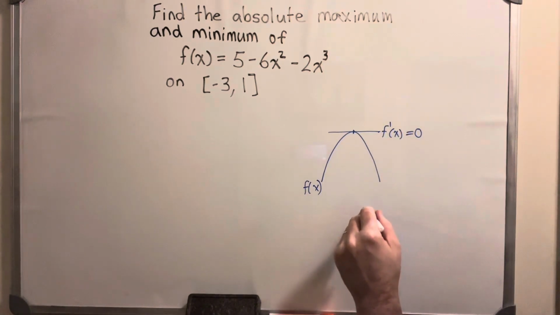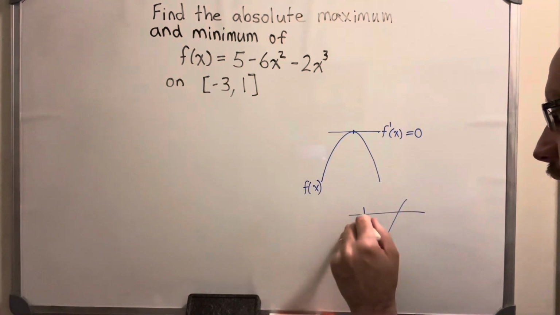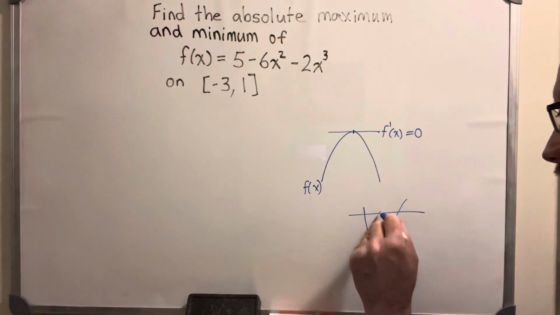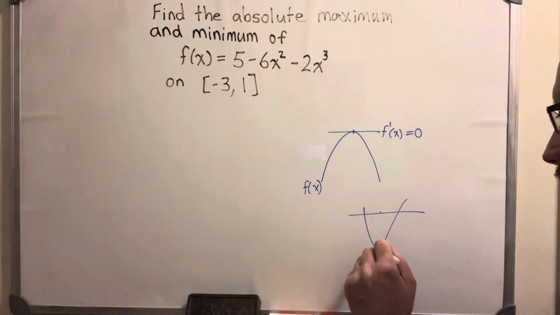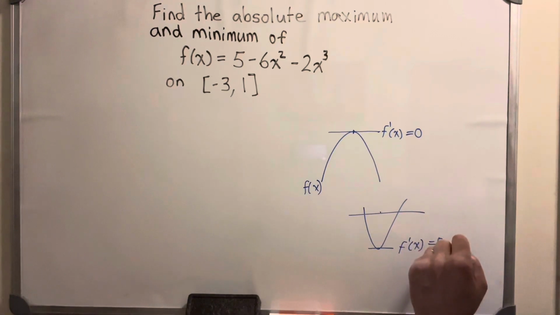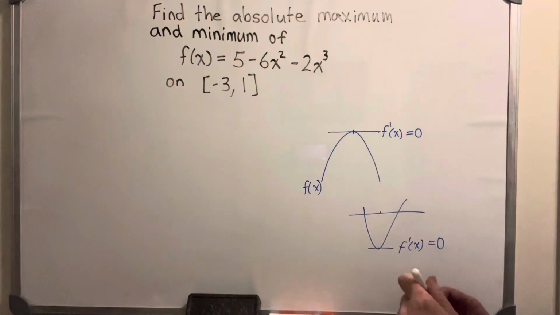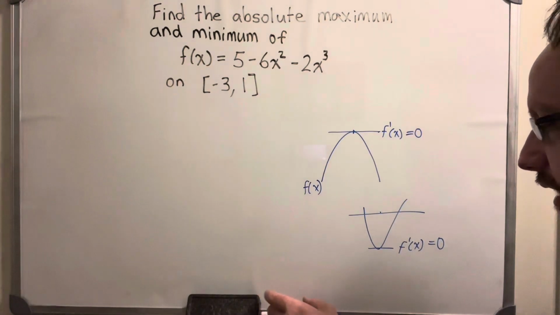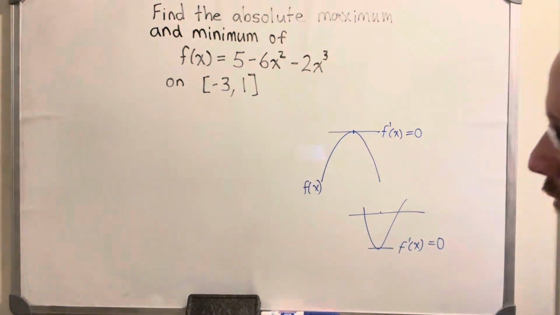But also, if you had another function, at this point also the slope is 0. So once you find a place where the first derivative is 0, how do you tell if it's a maximum or a minimum?